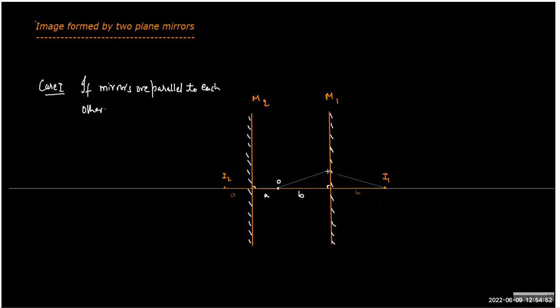So this will be actually reflecting from here, something like this, isn't it? So that I can make it a dot-dashed line eventually.